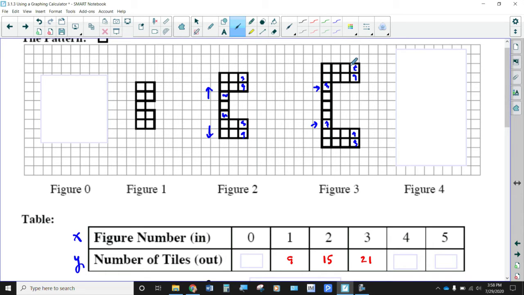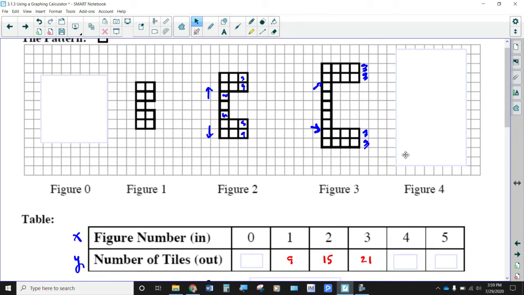So if I take this shape and I add, let me go ahead and get rid of these markings. If I were to add another 2 here, add another 2 here, that would make these 4 rows of 5, 2 on the top, 2 on the bottom, and then I'd have to lift this up and put another tile in there and push that one down and put another tile there.